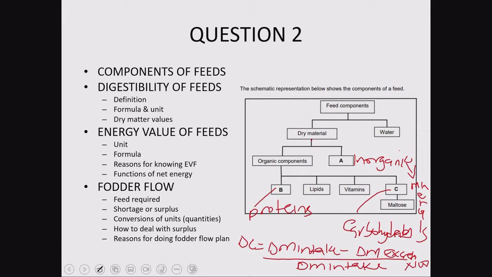If your formula does not have times 100, it's incorrect. If your formula does not have digestibility coefficient is equal to, that's also incorrect. Make sure that you write the correct formula when you are writing your final examinations. And then at the end of this calculation, the unit that we use is percentage, not kgs.